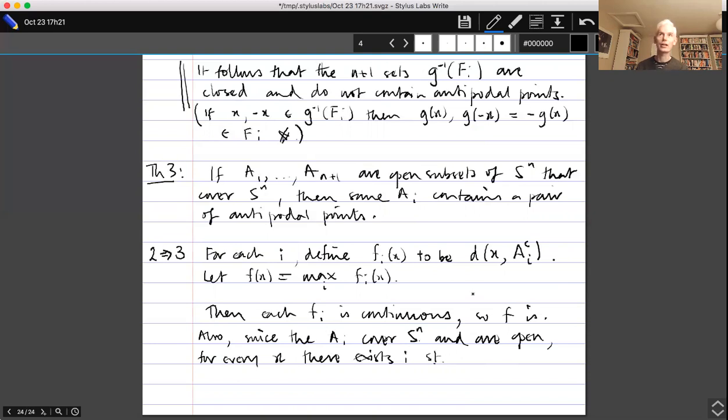Now if x belongs to A_i, then because A_i is open, it belongs to a little neighborhood, or a little ball, that is all contained in A_i, so its distance from A_i complement is positive.